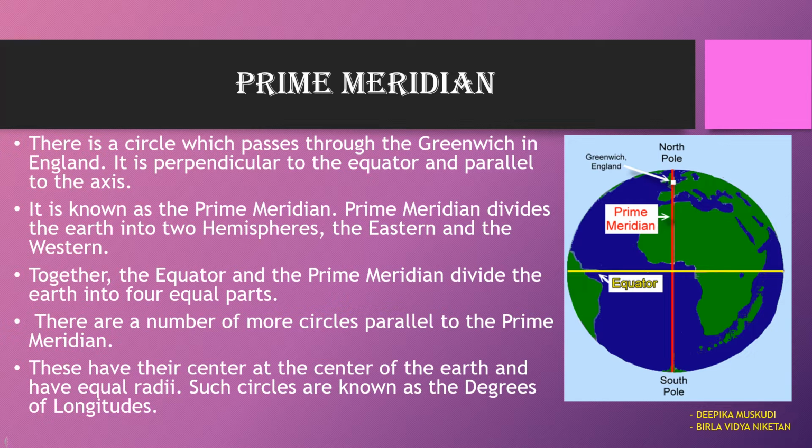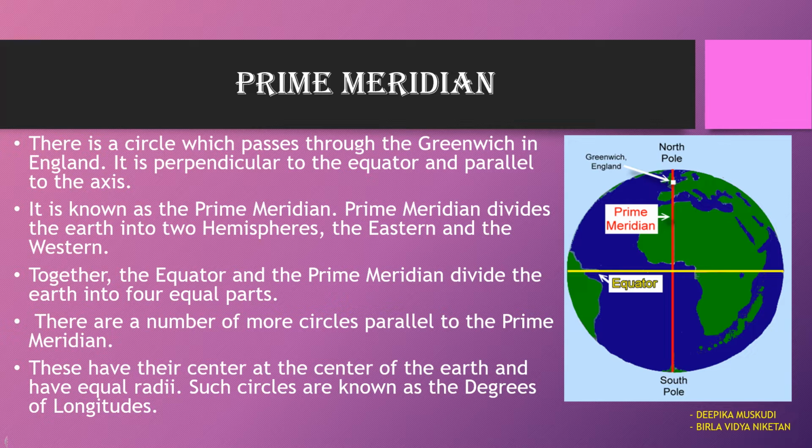Unlike parallels of latitude, all meridians are of equal length. Thus, it was difficult to number the meridians. So all the countries decided that the count should begin from the meridian which passed through Greenwich, where the British Royal Observatory is located. This meridian is called the prime meridian.